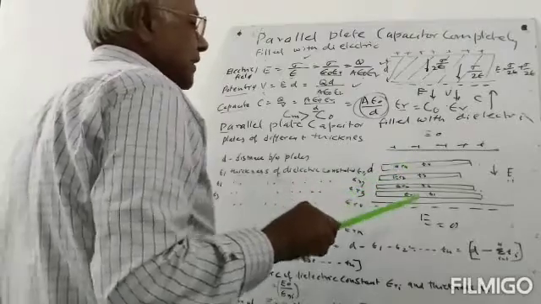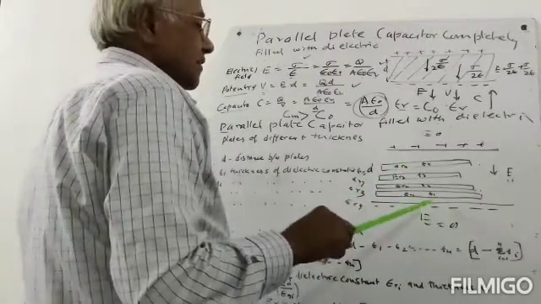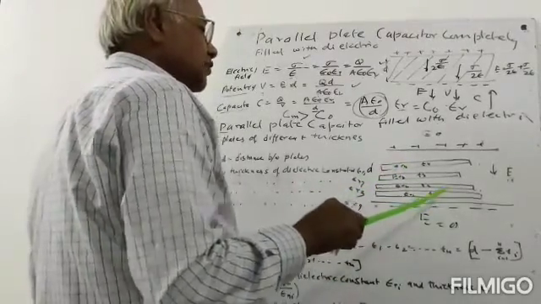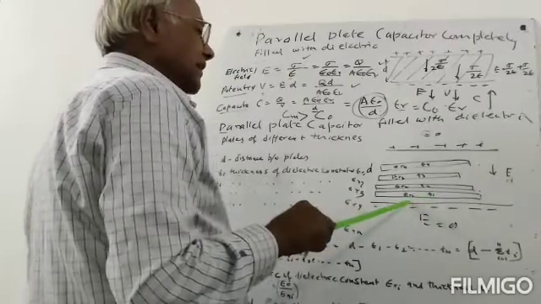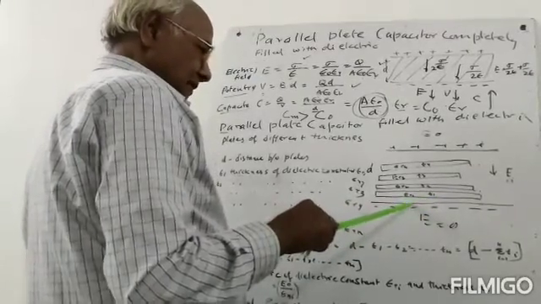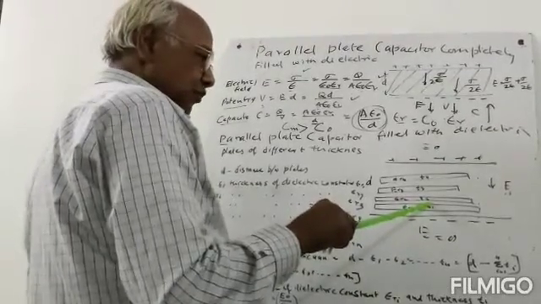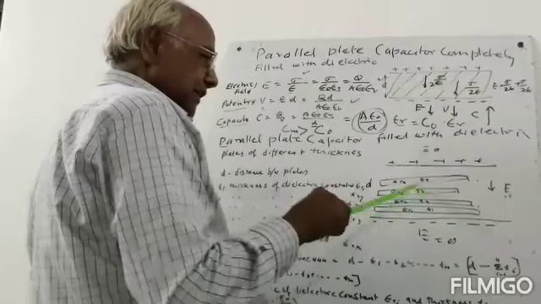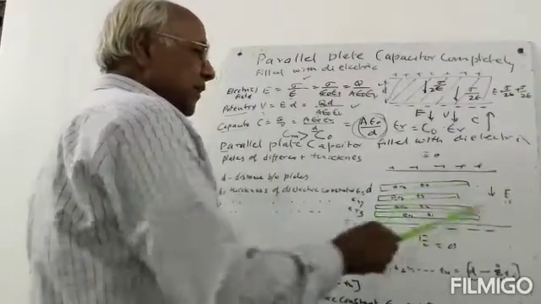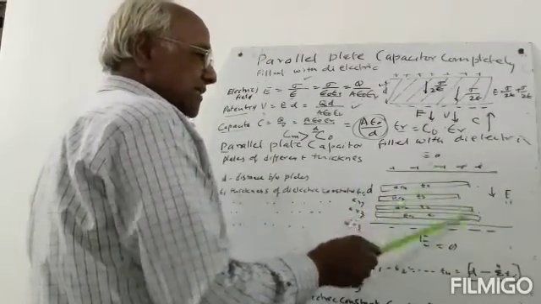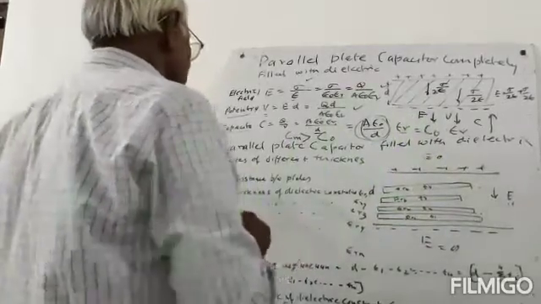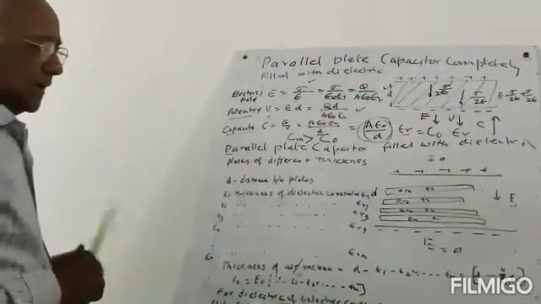And suppose there is a dielectric whose thickness is t1 and dielectric constant εr1, then t2, εr2, t3, εr3. There are many plates and their thicknesses are t1, t2 and so on. So what will be the air?